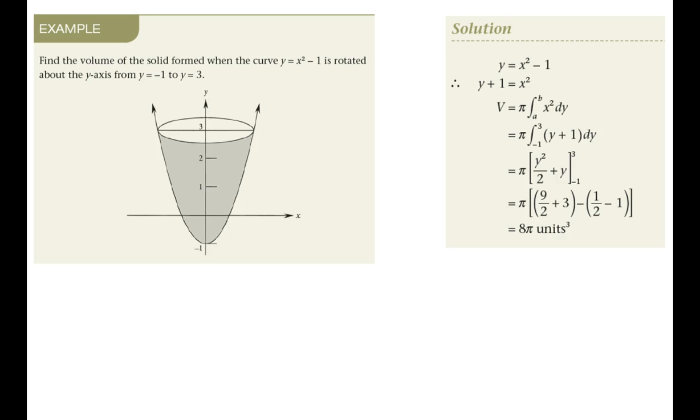Integrating y, we get y squared over 2. Integrating 1, we get y. Then we substitute our start and end points. So 3 gives us 9 over 2 plus 3, minus 1 gives us a half minus 1, and that all simplifies down to 8 pi cubic units. And that's it.